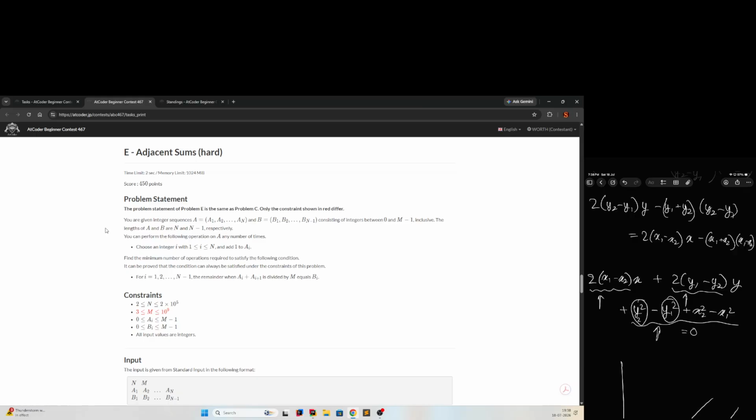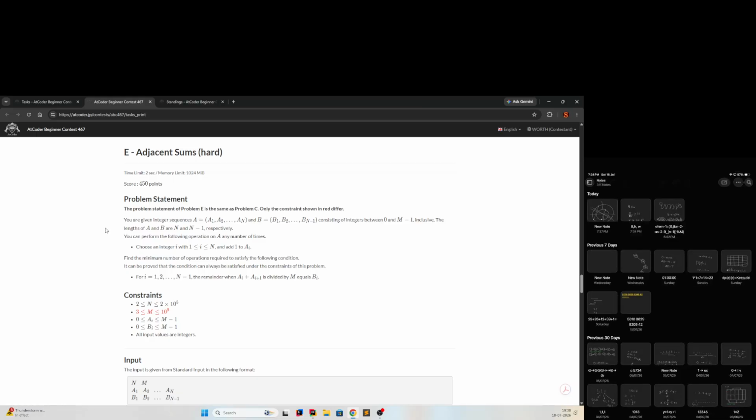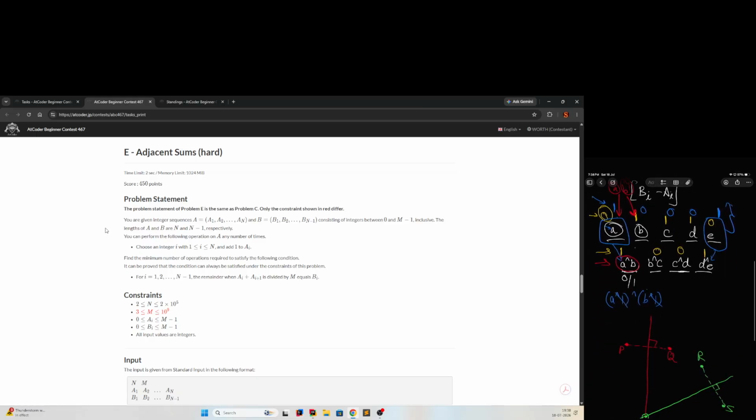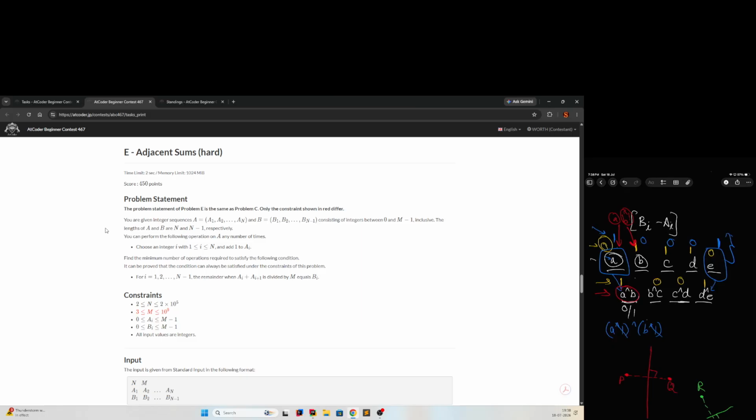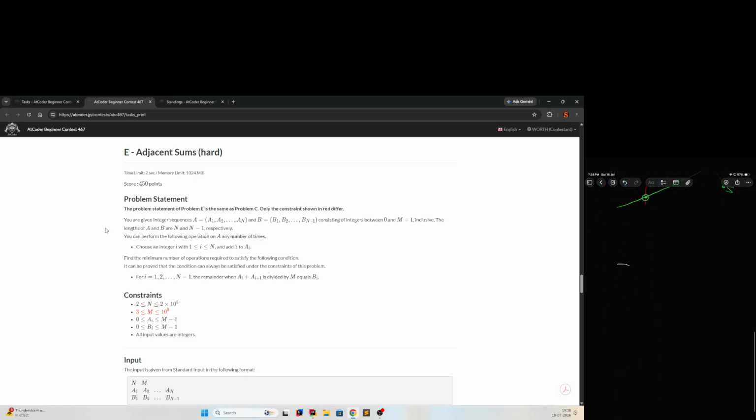Problem E I couldn't solve. My main idea was, as I mentioned before, still the same. If we see these values, this is the relation for these four values and the five values. So I can choose literally any random element.